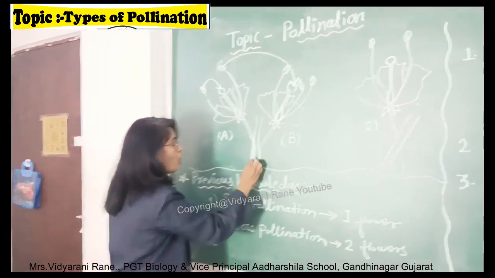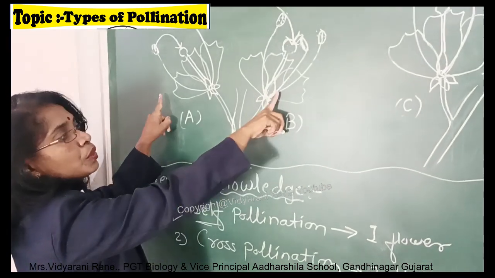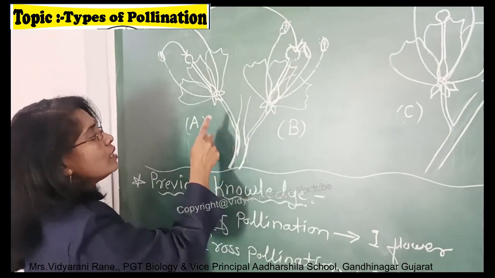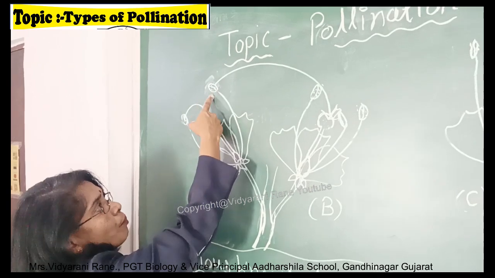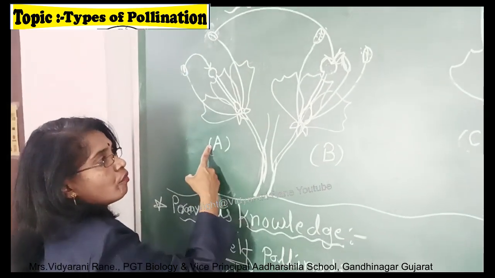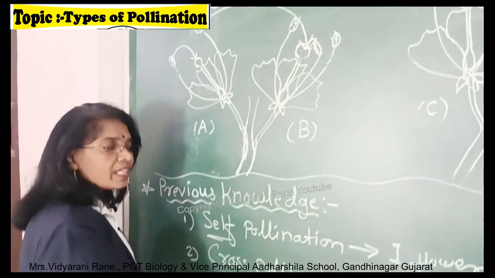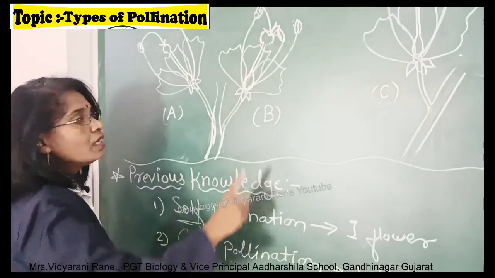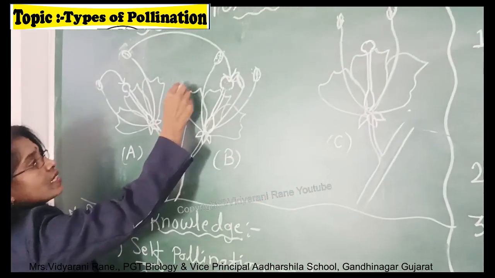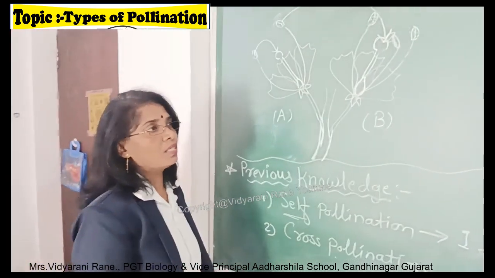This is one common stem, and on this stem two different flowers are there. Whenever the pollen grains transfer from the anther lobe of flower A to the stigma of flower B, you would consider it 100% cross pollination, right? But here you have to consider this as Geitonogamy.